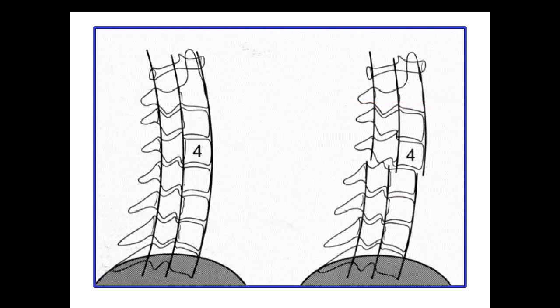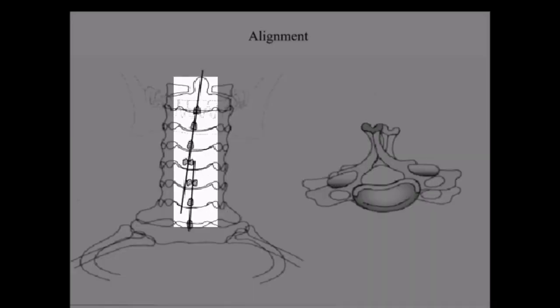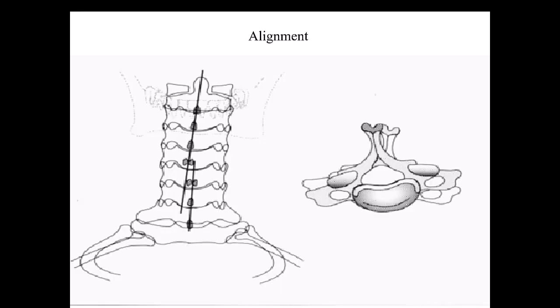If it's 50% or greater, it's a bilateral dislocation. Remember before, we did not see the spinous process projected over the vertebra below on an area that had a dislocation. If one of the spinous processes is off to one side, you have a facet dislocation that could be present.